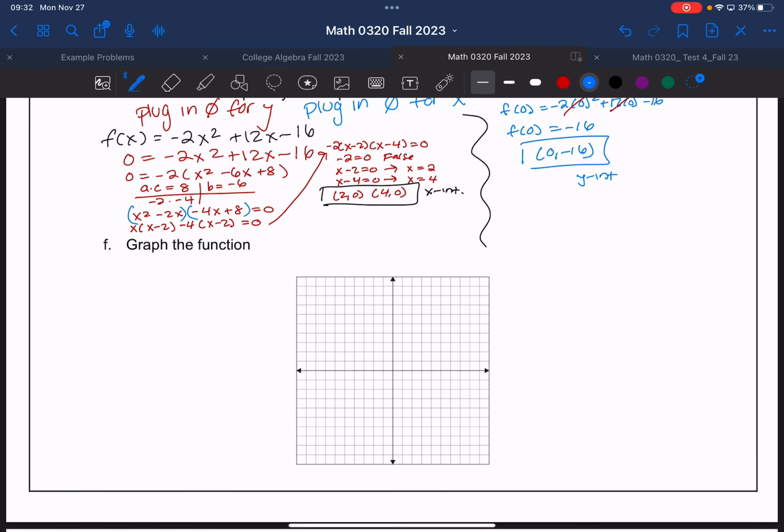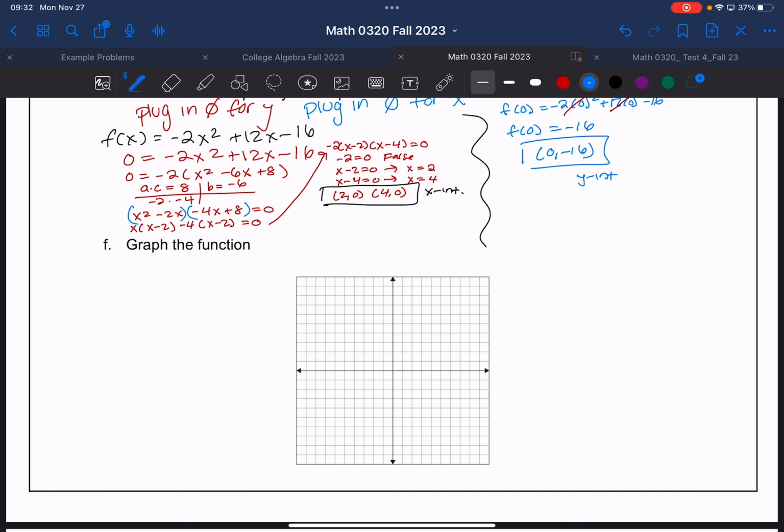In order to graph my function, these are the key points you need to graph. You need to graph your vertex. You've got to graph your x and y intercepts. And once we have all those, we're able to draw our function.